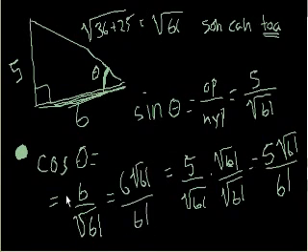But I think now you get the hang of figuring out, if you know the sides of a triangle, figuring out what the sine, the cosine, or the tangent of any given angle in that right triangle is. And obviously you can't figure it out for this angle, because for this angle the opposite and the hypotenuse are actually the same number.